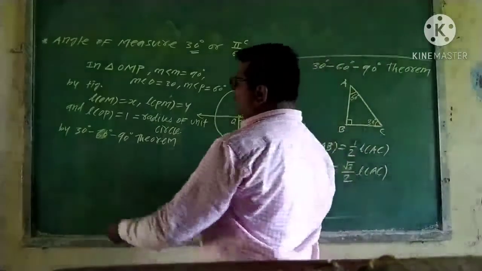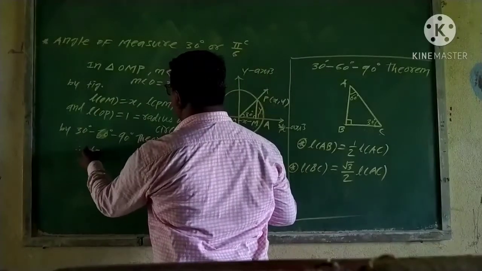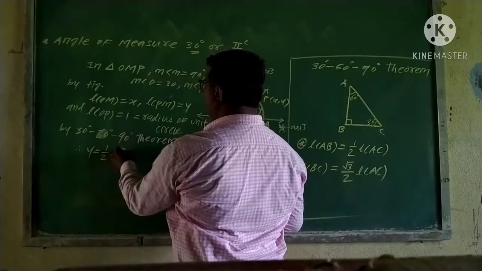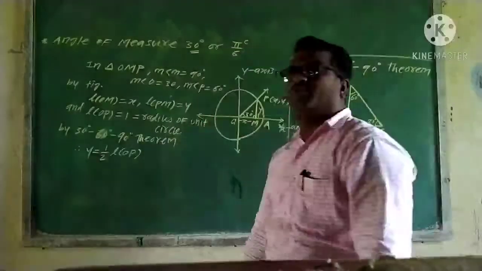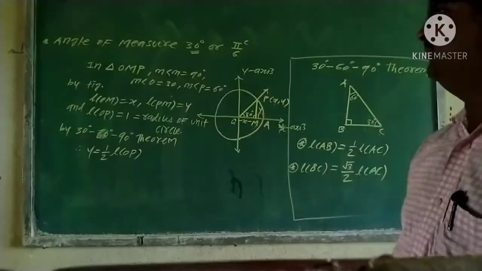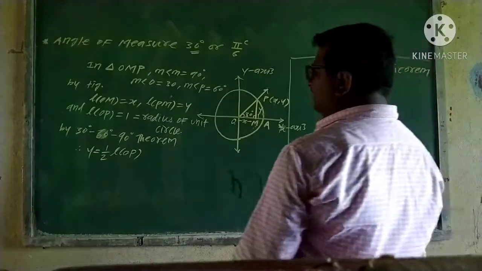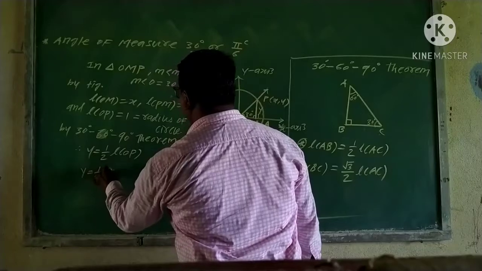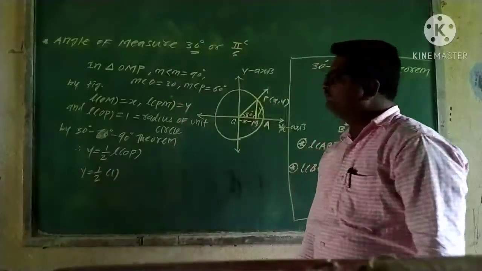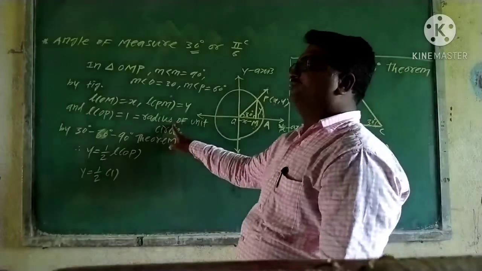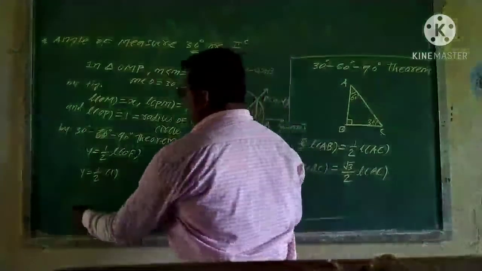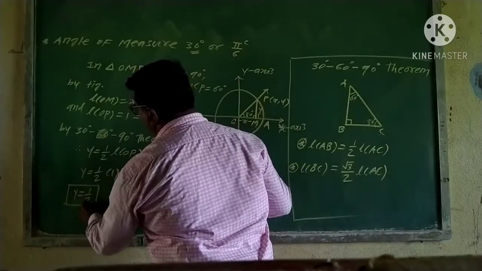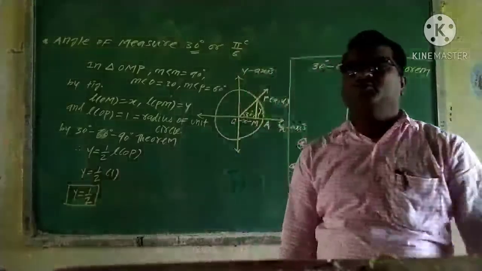So y is equal to half the length of the hypotenuse, that is OP. Now length OP equal to 1 because it is the radius of unit circle. So the value of y is equal to half.